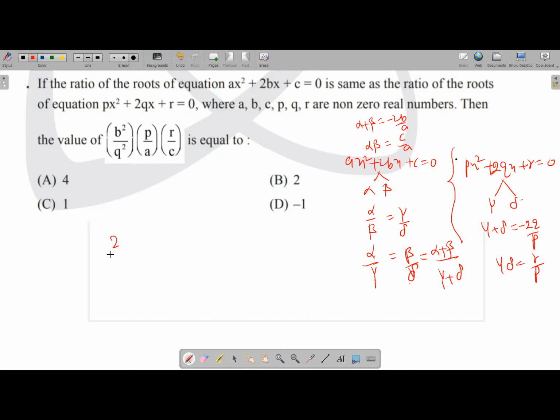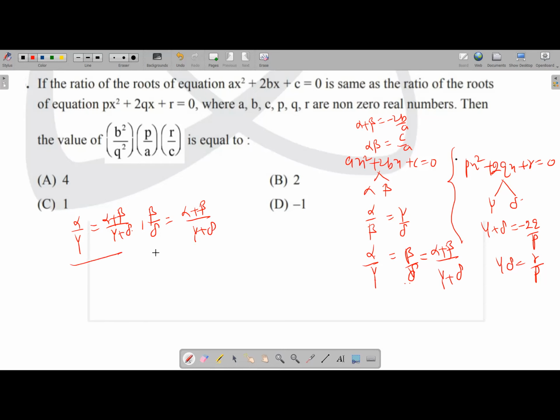How? See, 2 by 5 can also be written as 4 by 10. 2 by 5 can also be written as 2 plus 4, that is 6, upon 5 plus 10, 15. You can see, correct? So these are the properties of componendo and dividendo. So we just rearrange this. Now we can see that alpha by gamma is also equal to alpha plus beta upon gamma plus delta, and beta by delta is also equal to this thing, alpha plus beta upon gamma plus delta.